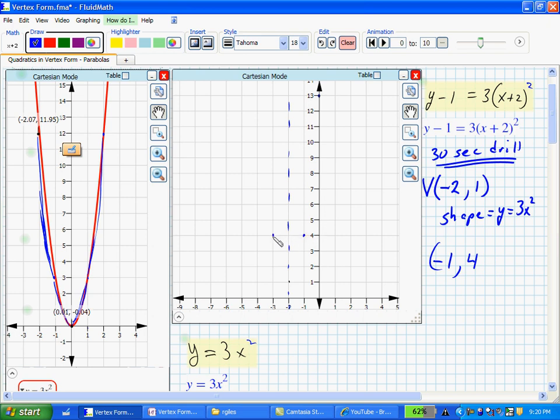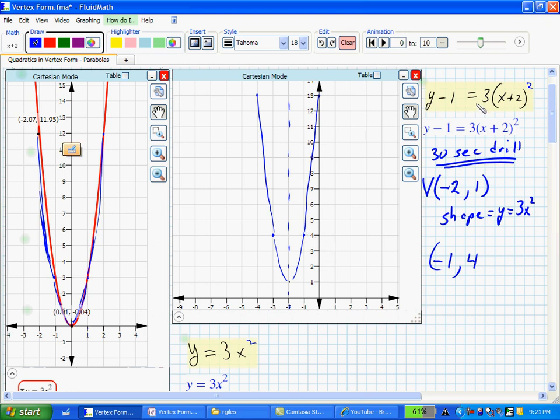The symmetric point to 0, 13 is going to be here at negative 4, 13. And I'm expecting a graph that's going to look something like this. A little artistic license might be needed, but that's the idea of the curve.